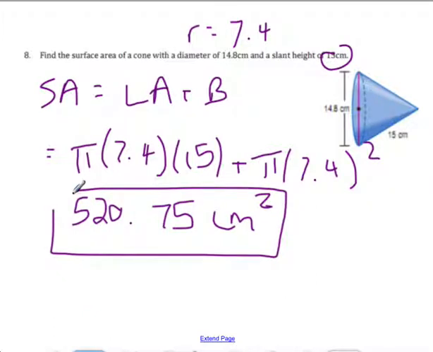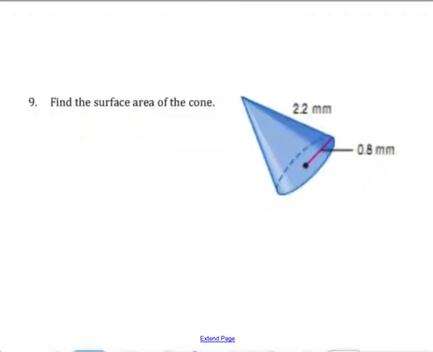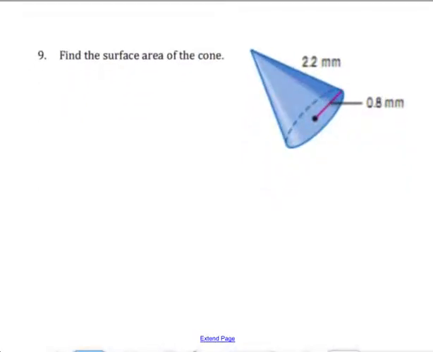So that's your final answer for number 8. Or number 5, jumped ahead again. All right, let's take a look now at number 6. So for number 6, we want to find the surface area of the cone. Well, it gives us the lateral, the slant height, and the radius. So we're good to go. So surface area is going to be your lateral area plus the area of your base.